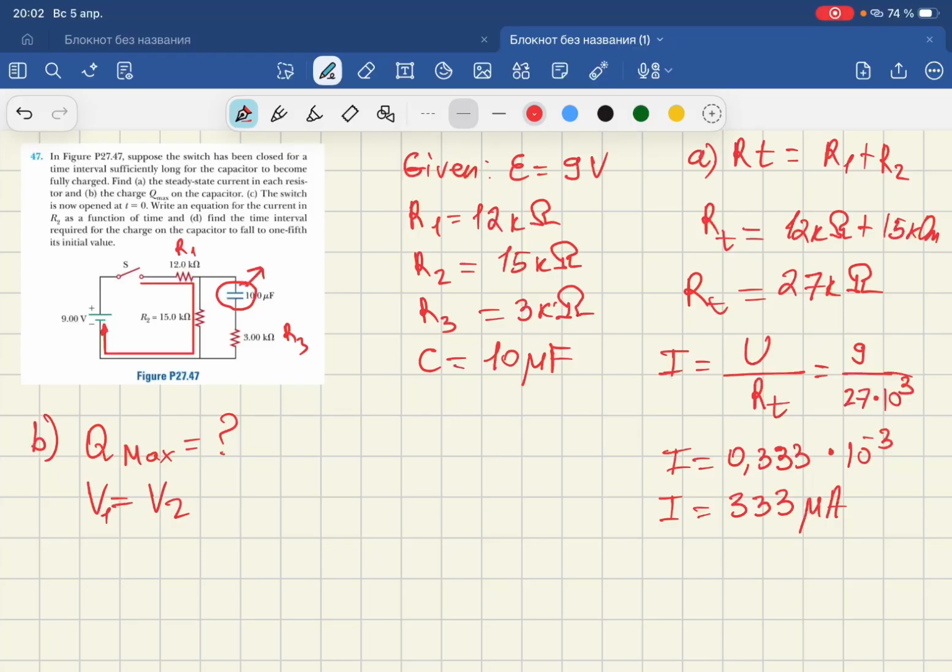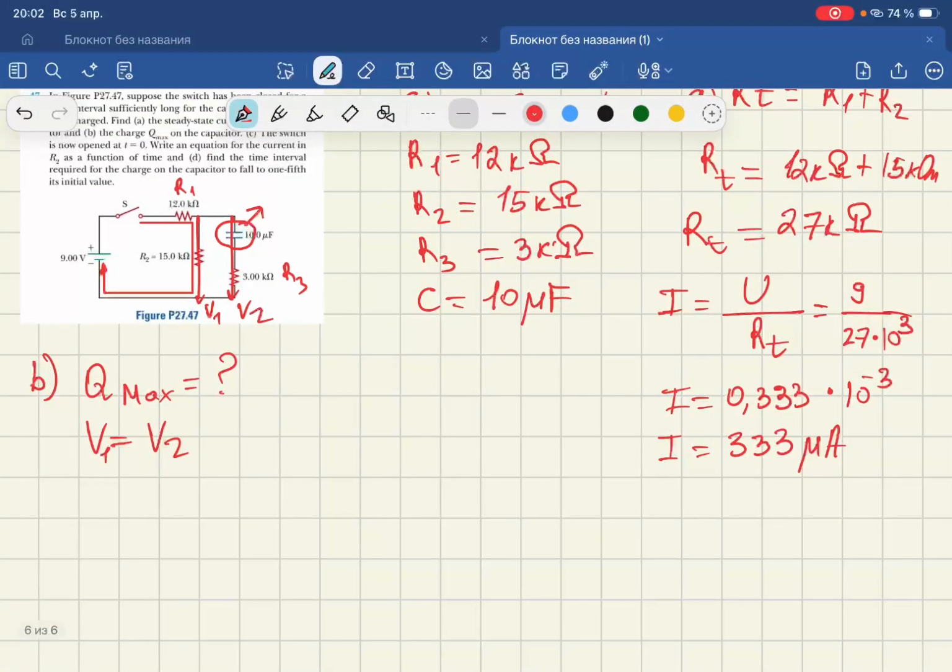I mean that the voltage on the first line is equal to the voltage of the second line. Yes, they are equal.